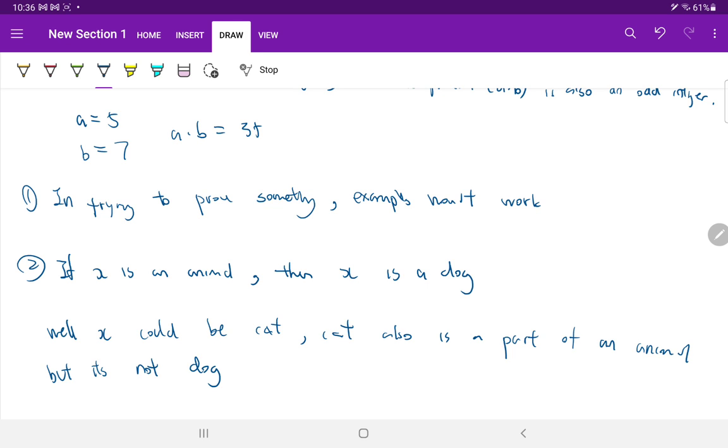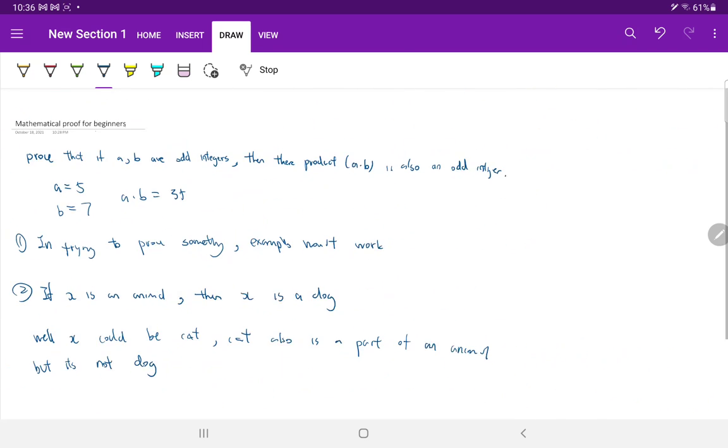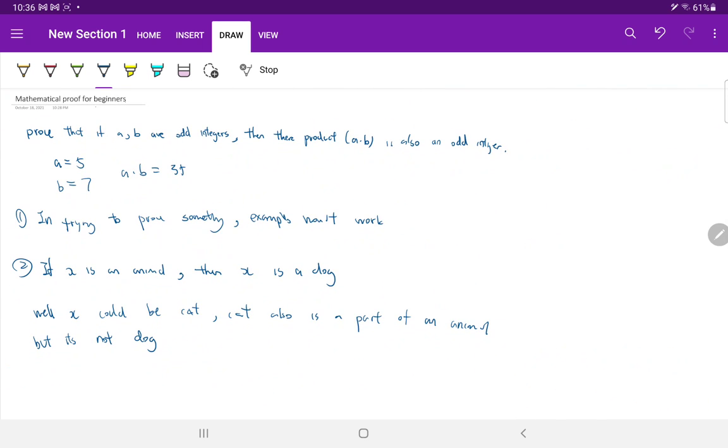So you see, in trying to prove something that is right, such as the statement above, you have to rearrange in algebraic ways. But to prove a statement wrong, you just have to give a counterexample, and it should work. In this case, if X is an animal, then X is a dog; I bring out a counterexample, a cat.